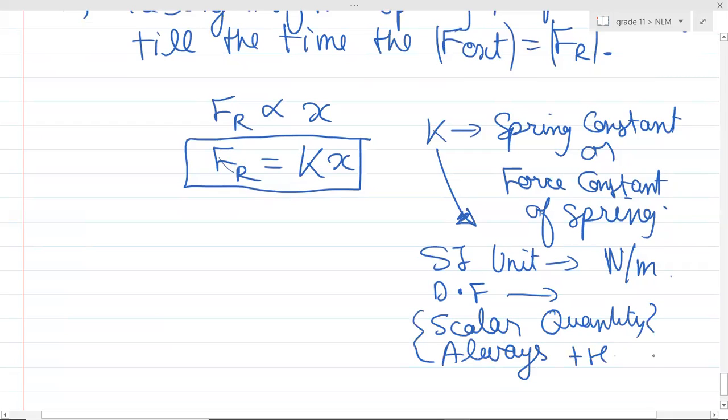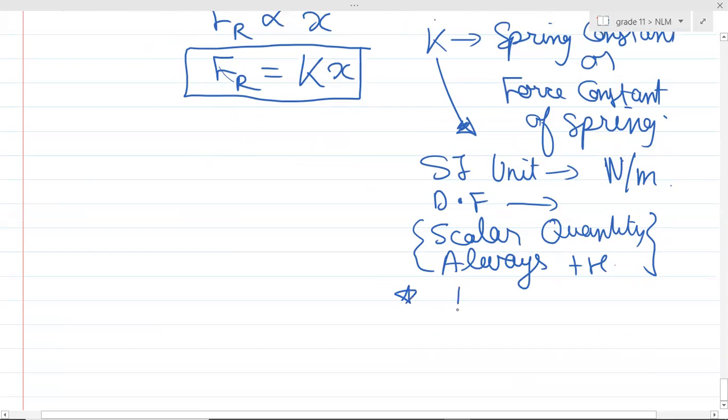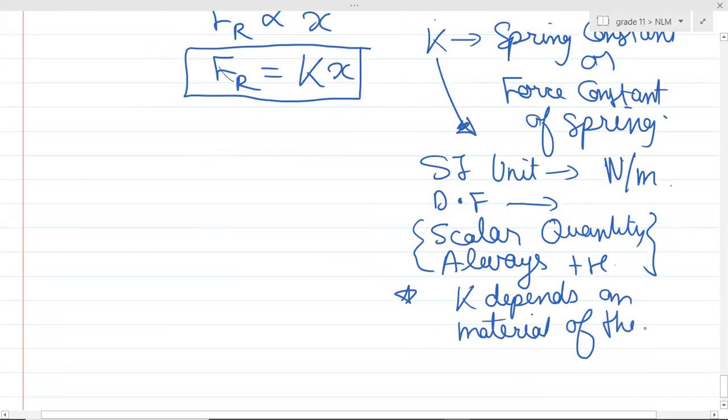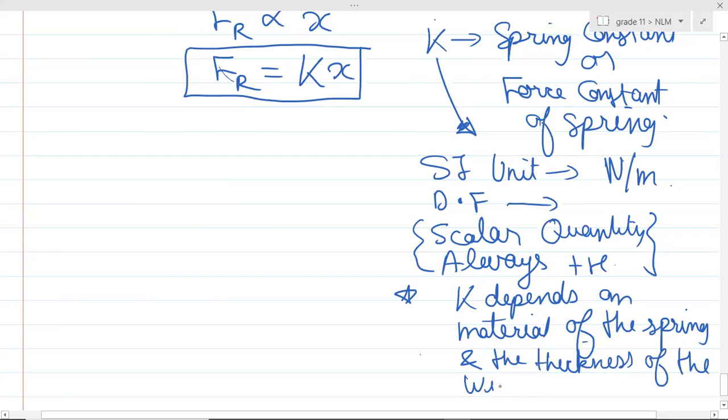Okay guys, so this is the information on k. k depends on the material of the spring and the thickness of the wires used to make it.